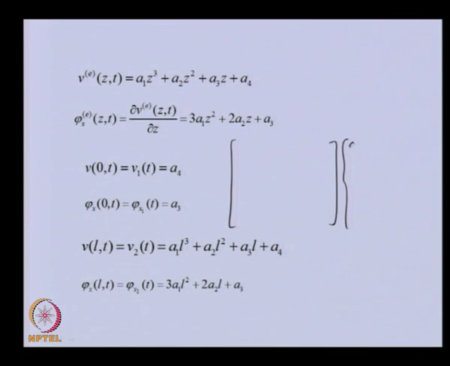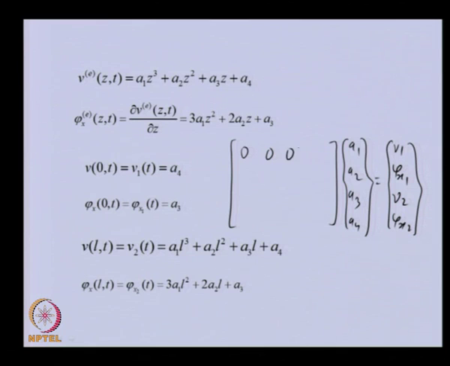So, we have A1, A2, A3, A4 equal to V1, Vx1, V2, Vx2. The first equation, if you substitute here, will be 0, 0, 0, 1. The second equation will be 0, 0, 1, 0.